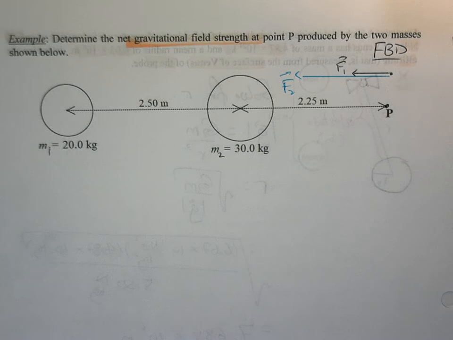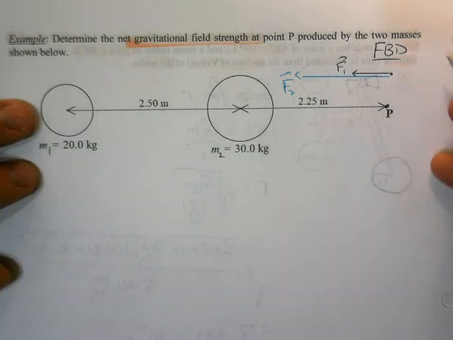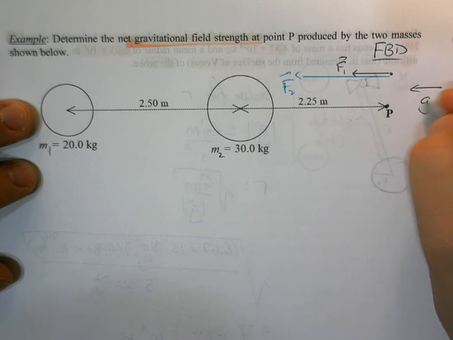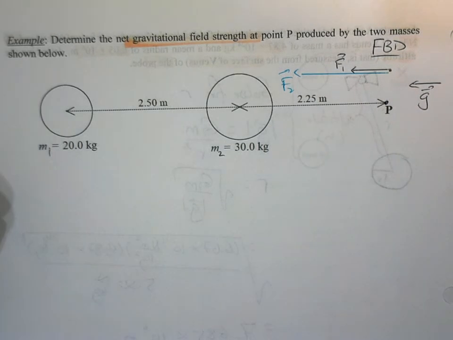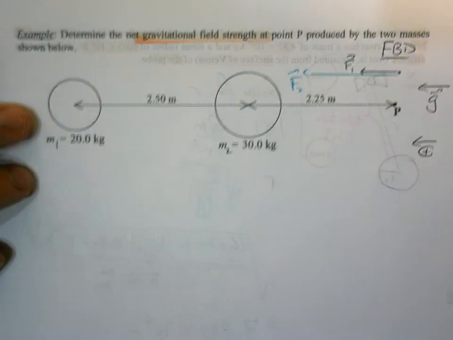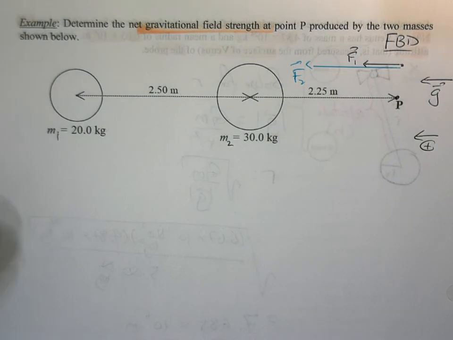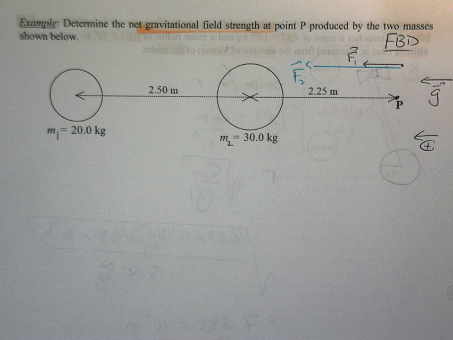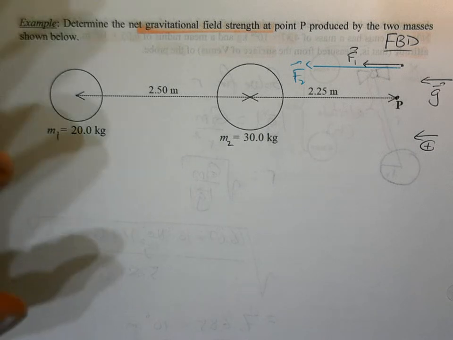What we know is that the direction of the net force is going to the left here. The direction of the net force is going to be the direction of our gravitational field strength, so we know that g is also going to be directed that way. What this means is I'm also going to call left positive. For these problems, all I have to do is find the contribution to the gravitational field strength for each object.